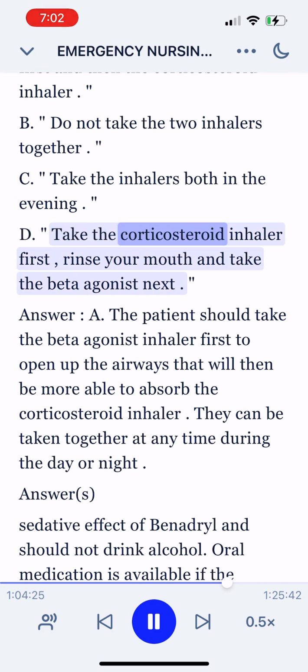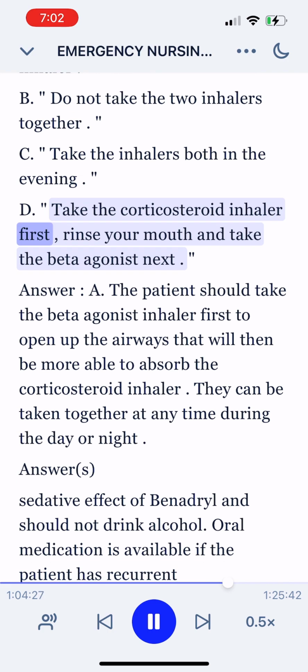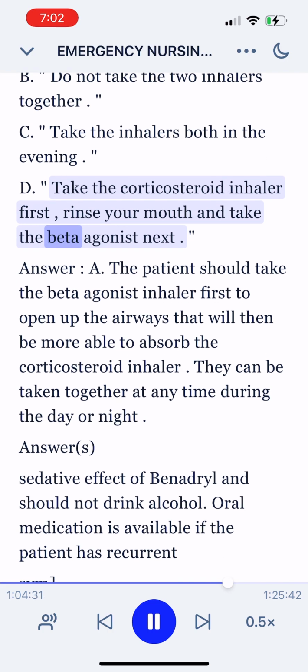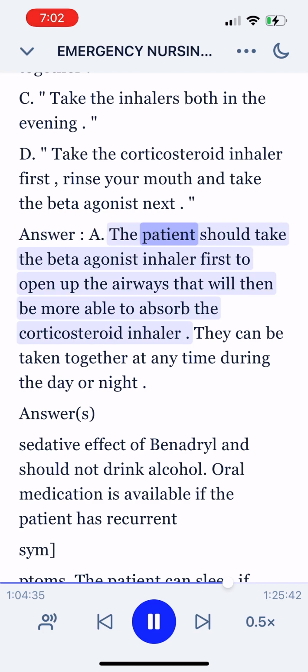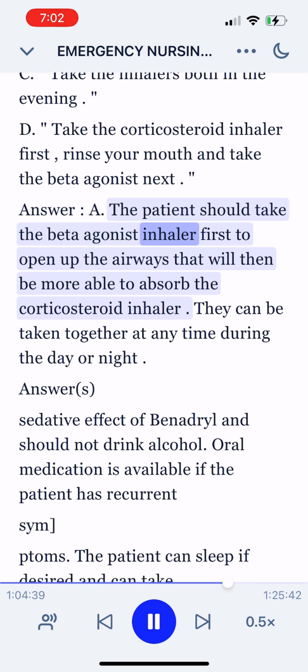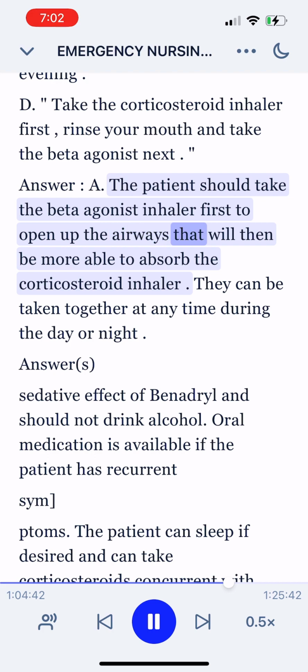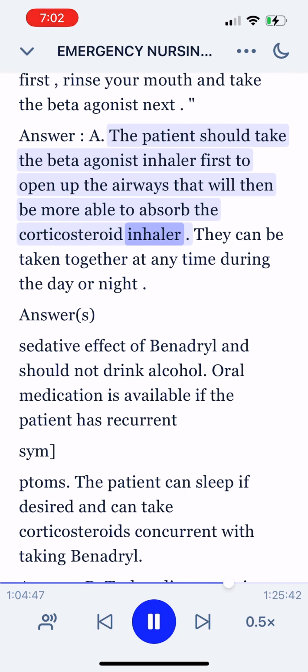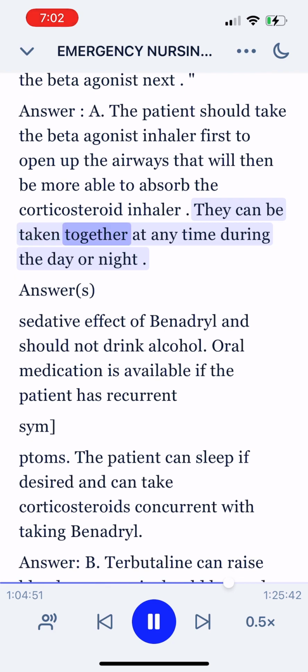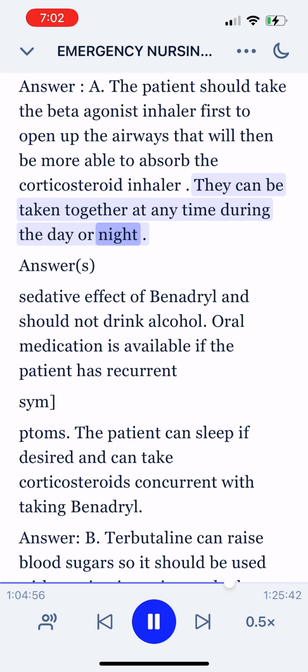D. Take the corticosteroid inhaler first, rinse your mouth and take the beta agonist next. Answer A. The patient should take the beta agonist inhaler first to open up the airways that will then be more able to absorb the corticosteroid inhaler. They can be taken together at any time during the day or night.